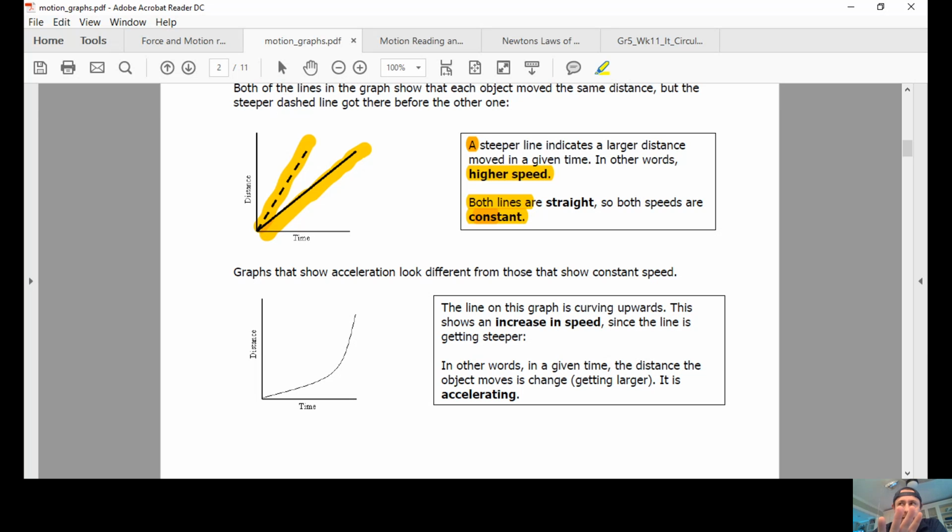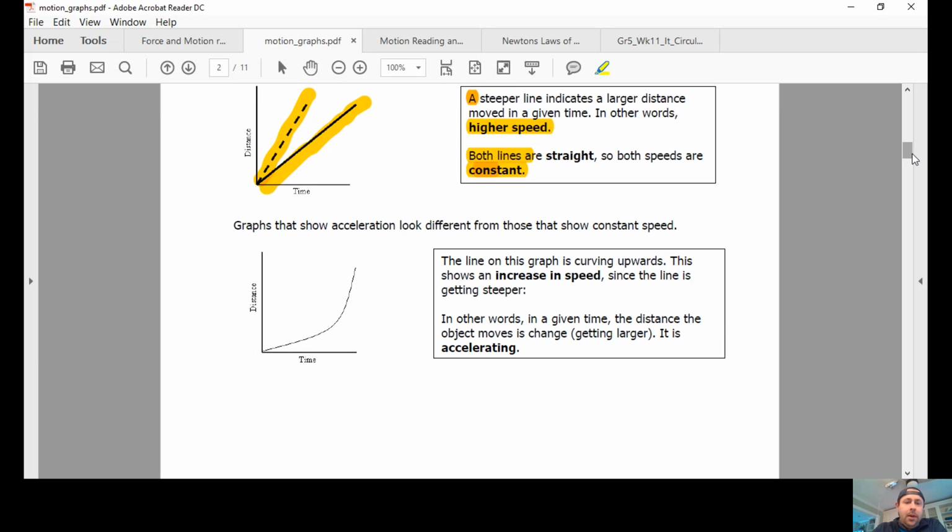And this is where it really comes into play whenever we go down to the next graph, which is acceleration or accelerating, gaining speed. So if we look here, our line is doing one of these, where if we were to dissect this a bit, we have a constant speed here, but then all of a sudden we gain a lot more distance in less time, which indicates acceleration, a gaining of speed, increase in speed.